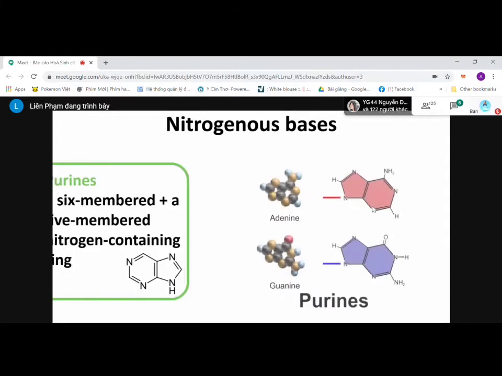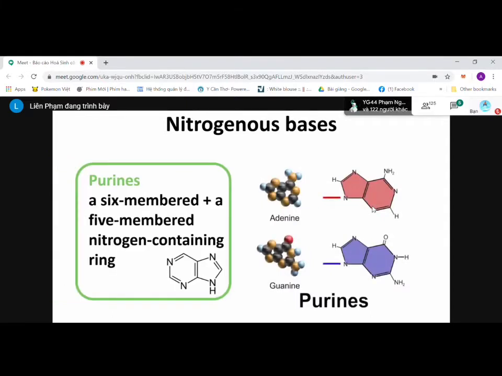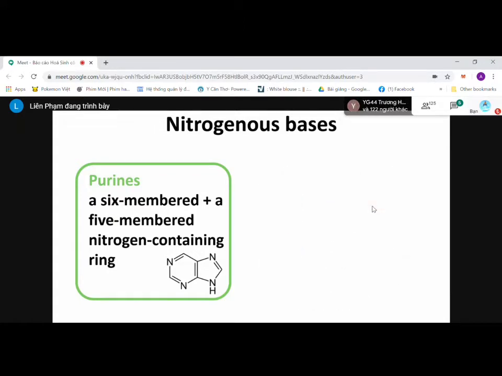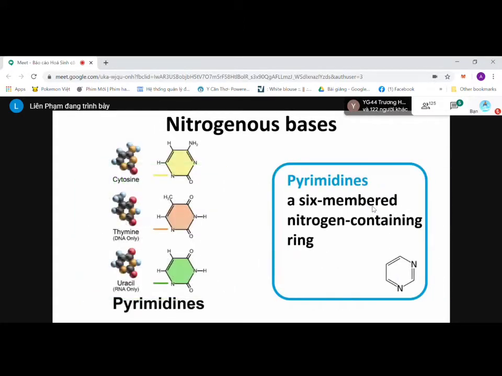First, purines consist of a 6-membered and a 5-membered nitrogen-containing ring fused together. Purines include adenine and guanine. Then pyrimidines have only a 6-membered nitrogen-containing ring. Pyrimidines include thymine, uracil, and cytosine. Especially, thymine is only in DNA structure and uracil is only in RNA structure.